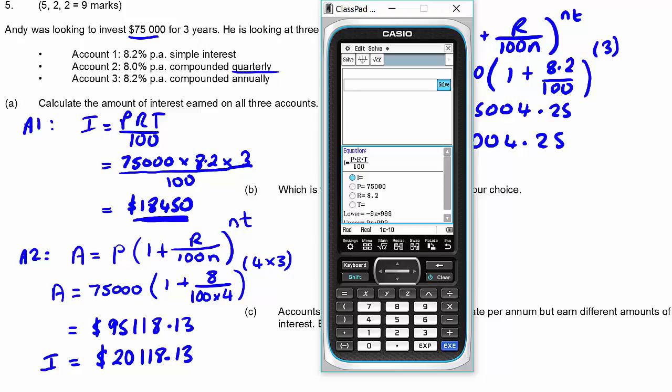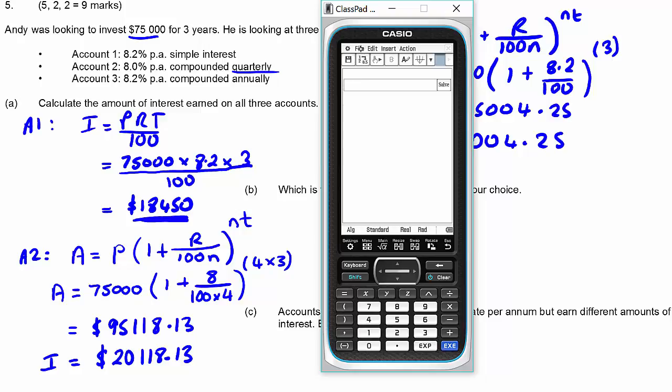And the time was 3 years. Make sure the I is selected, that's what we're solving for. And then we just click solve here, and it gives me 18,450. And then we can close that one.